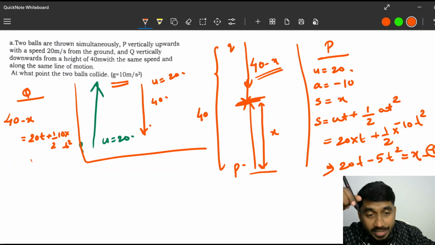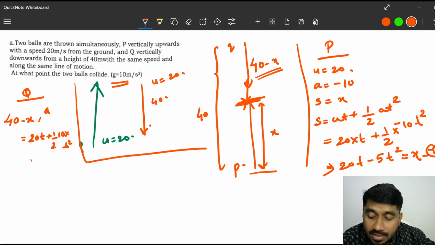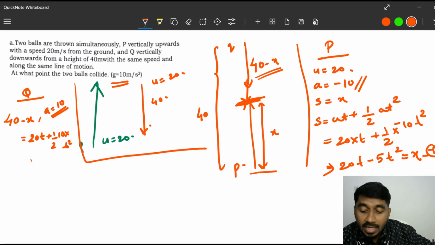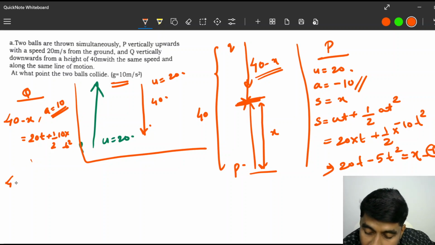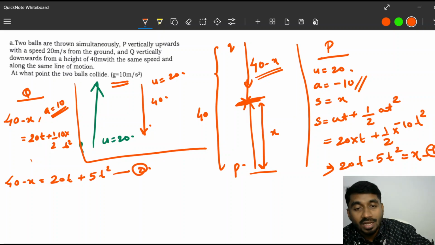Because when the ball is going down, the acceleration is also downwards, so we take the acceleration as plus 10. In the first case we took the acceleration as minus 10, here we took plus 10. Writing the equation once again: 40 minus x equals 20t plus 5t square, equation number 2.